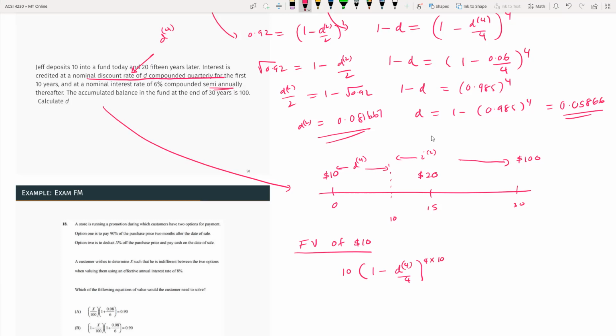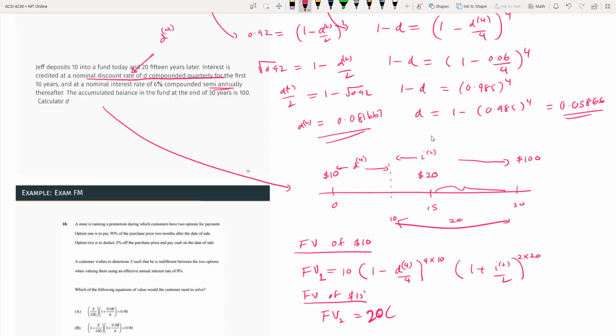Then at this point, you have another 20 years to go under the interest rate, so it's (1 plus I^(2)/2) to the 2 times how many years? You have 20 years. So that's the future value of the $10. Then the future value of the $15: right away you have only 15 years.